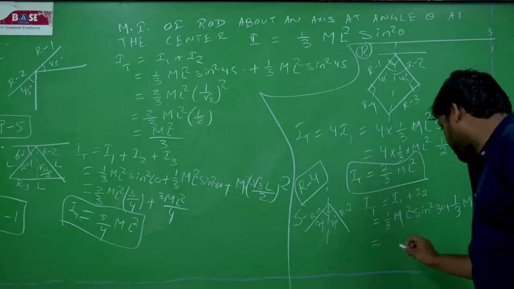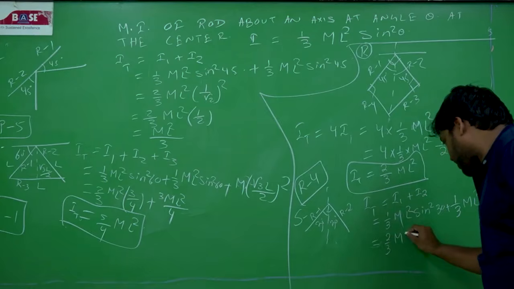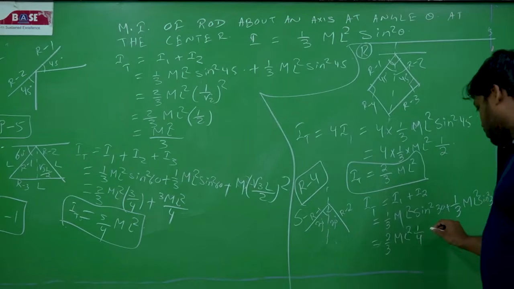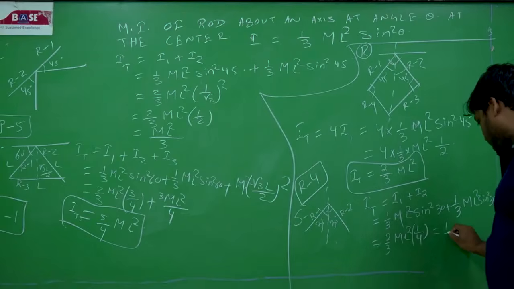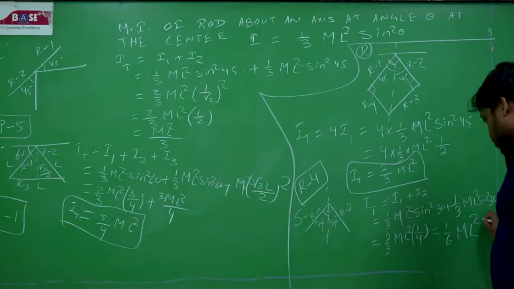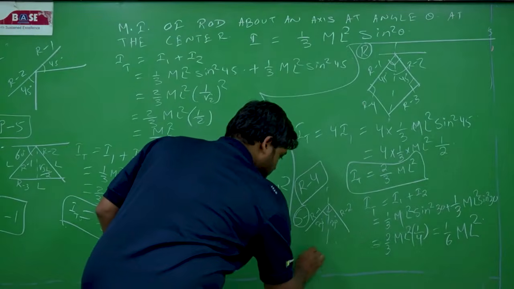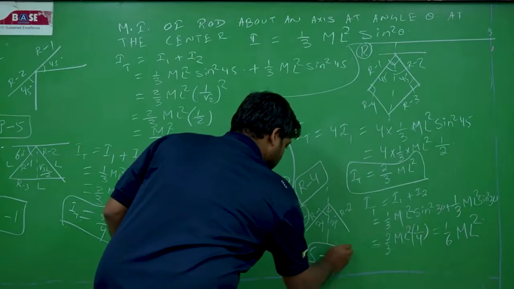So this will be 2 by 3 ml square, sine square 30 is 1 by 4. So I am getting 1 by 6 ml square. So S matches with option number 2.